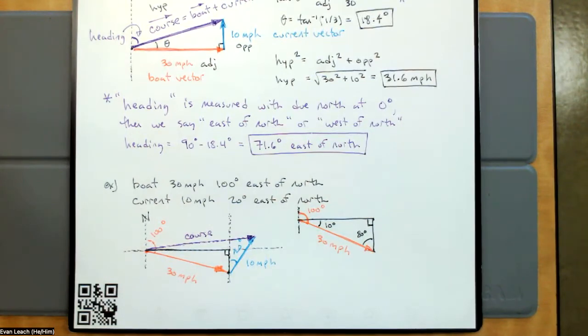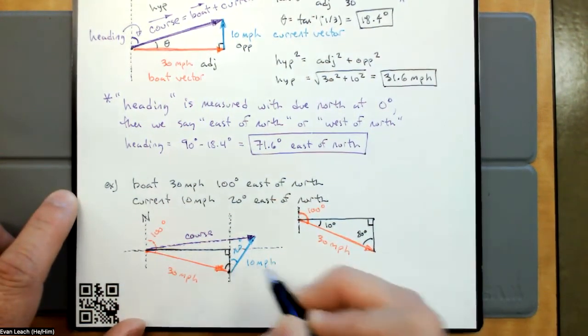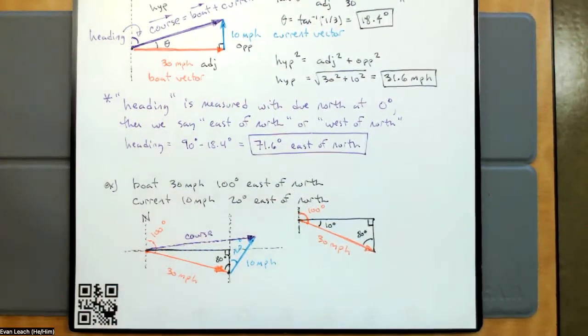So I can break those pieces apart. Then I just have to take this information back to my original. And so now that angle between what the boat thinks it's doing and the current is 100 degrees.